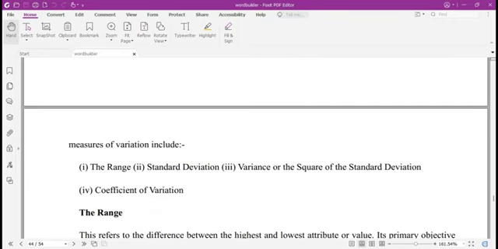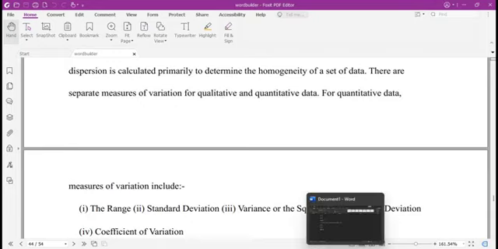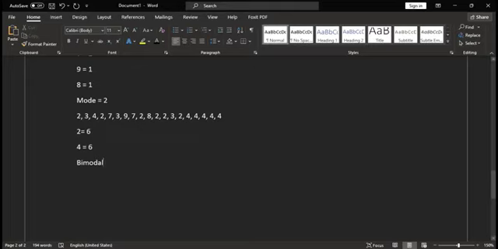Let's put it down. Measures of variation for quantitative data.